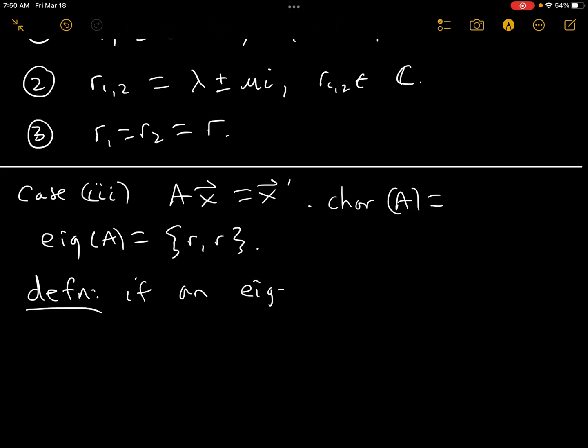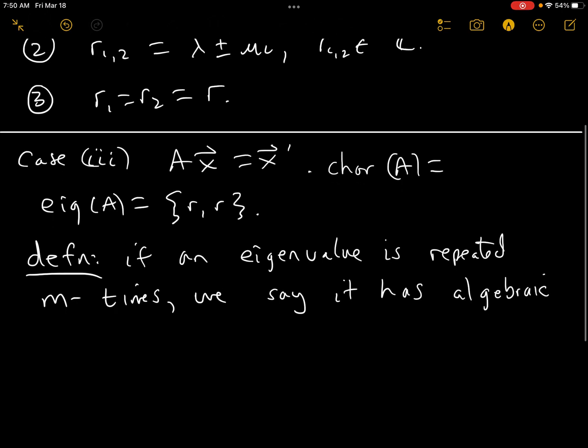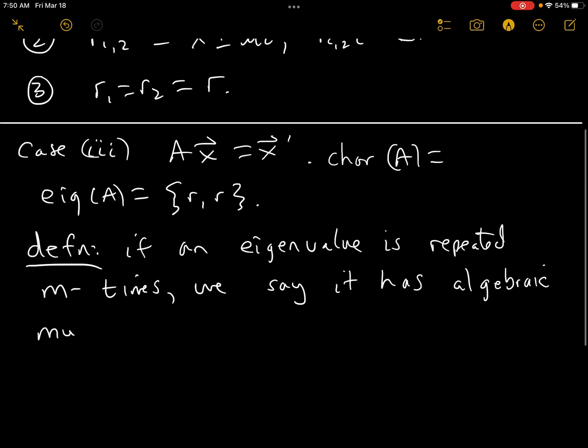Okay, so definition. If an eigenvalue is repeated m times, we say it has algebraic multiplicity m.